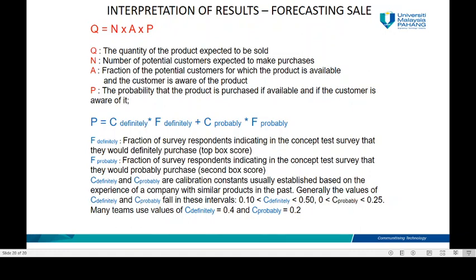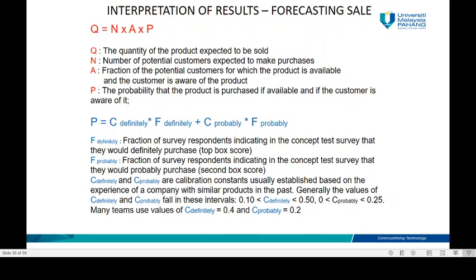First you need to identify Q, which is the quantity of the product expected to be sold. N is the number of potential customers expected to make purchases. A is the fraction of the potential customers for which the product is available and the customer is aware of the product. And P is the probability that the product is purchased if available and if the customer is aware of it.